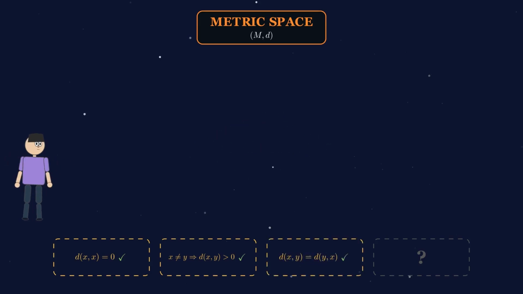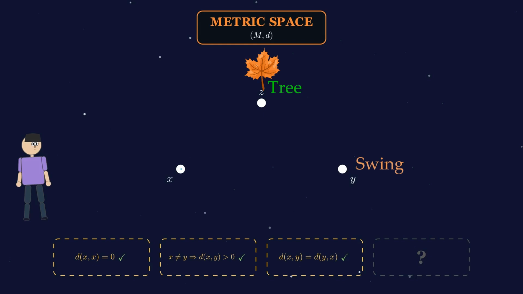And here's the fourth, the famous one. To get from a first point to a second, taking a detour through some third point is never shorter than going straight. Picture walking to a tree, and then from the tree to a swing. That 2-part journey can tie the straight walk to the swing, but it can never beat it.